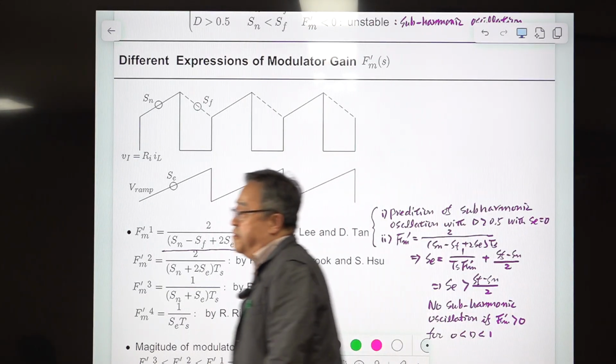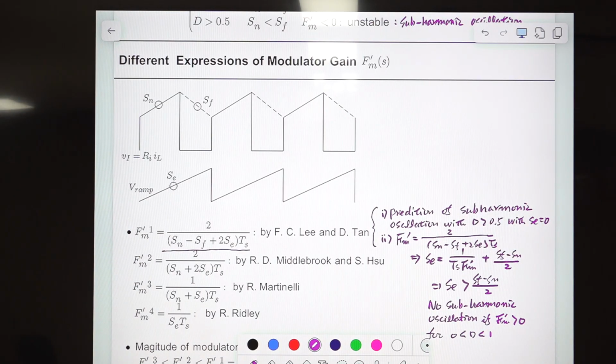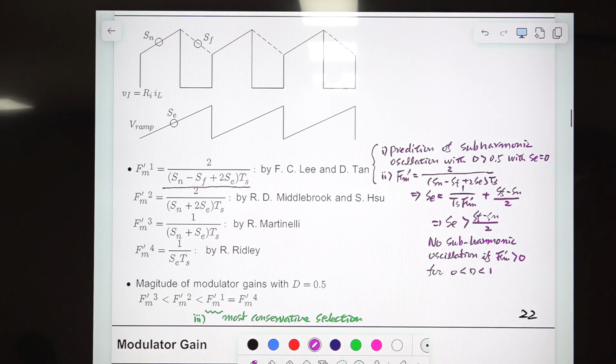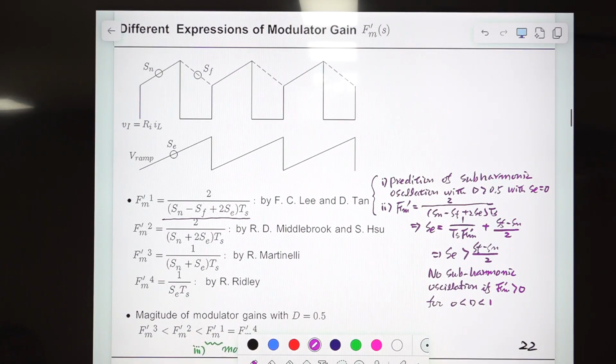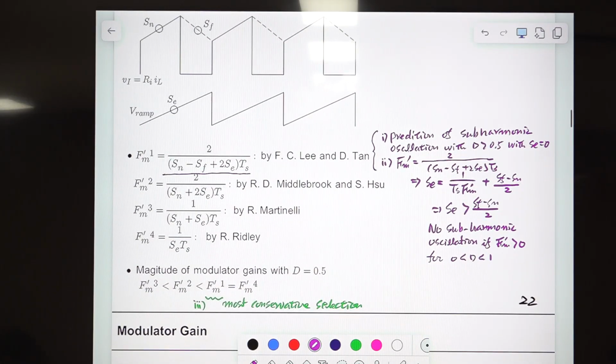And another thing is this one. We have four different expressions, and consider this is 0.5. Then this becomes 0, and this becomes SE times TS. It's the same as this one.